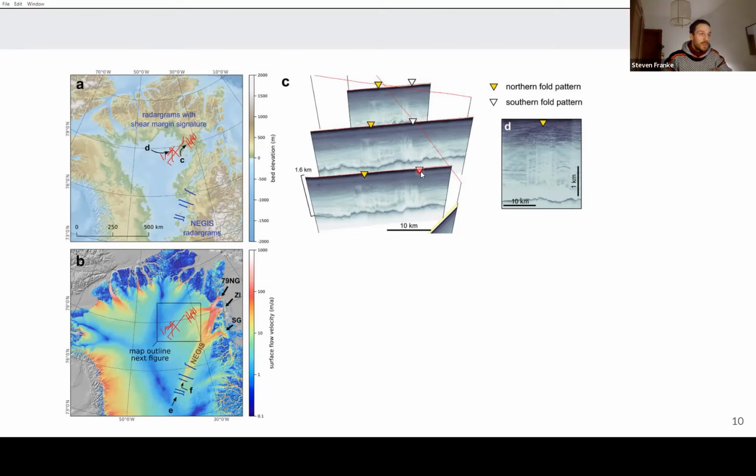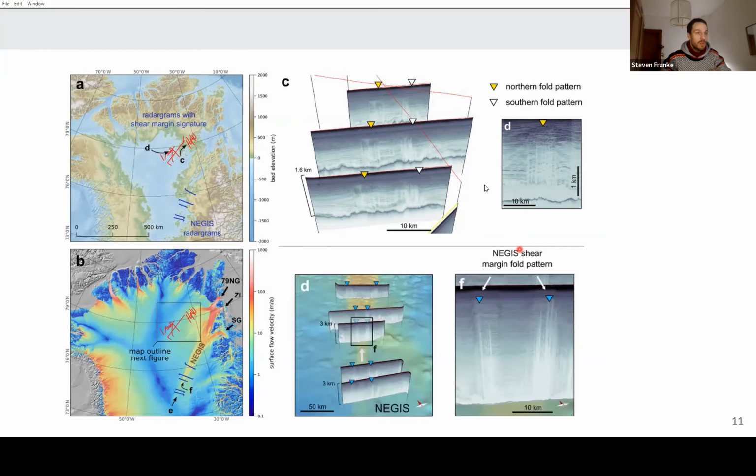We see 2 times this special shear margin reflectivity pattern, and it appears in a very systematic way. A little bit further upstream, over here, we also find a similar feature, but we only see one of them and not 2. So there we have a little bit of a different situation.